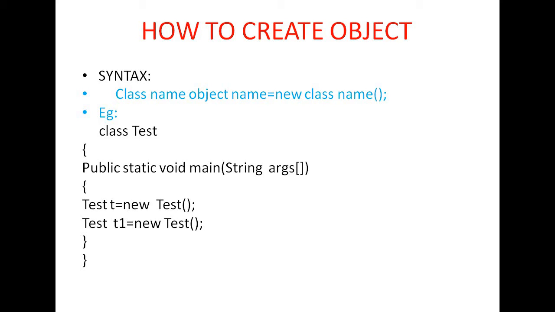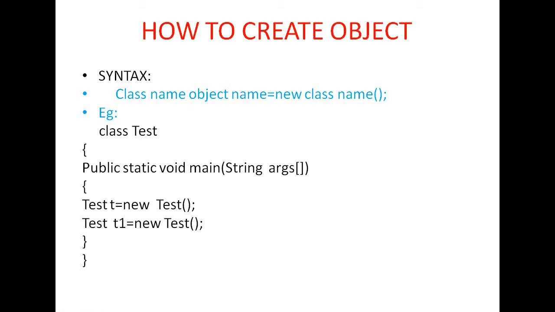How to create the class and how to create the object in Java. So let us consider, I will take one class Test, and we know that every class name must start with a capital letter.